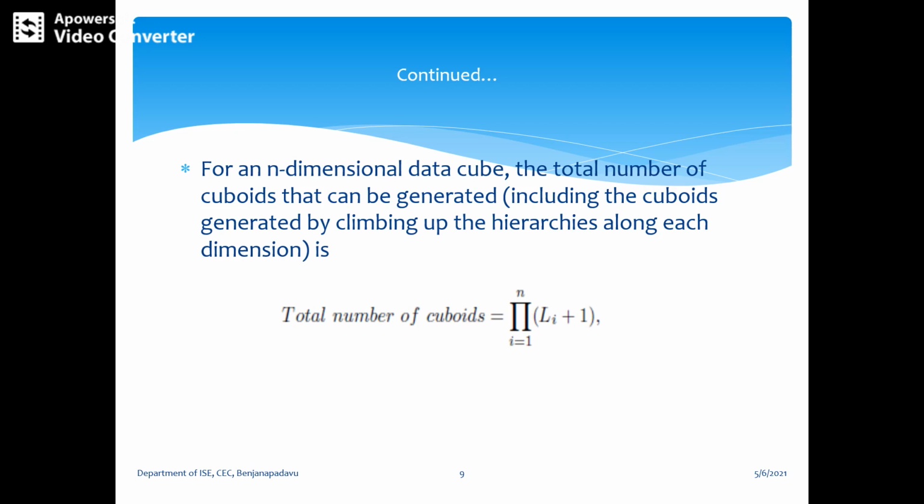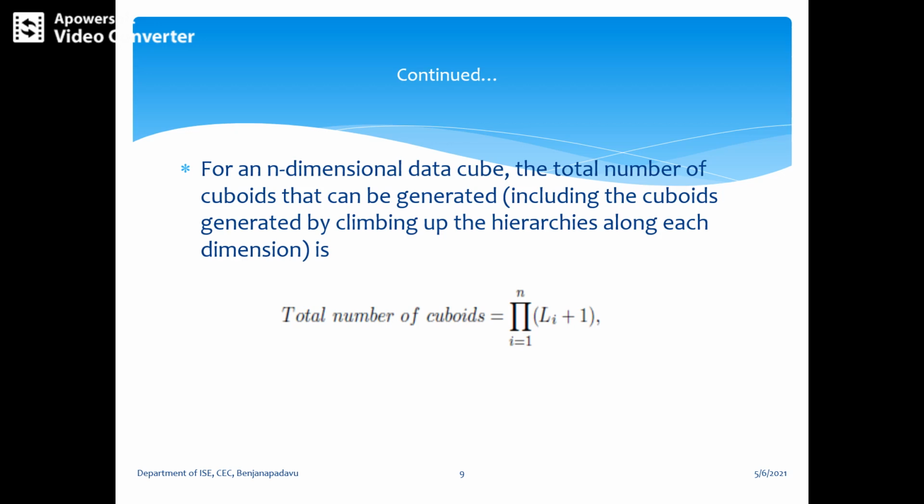The question is, how many cuboids are there in an n-dimensional data cube? That is what we are thinking about. There is a concept, multidimensional aggregates and the degree of pre-computation, which we can call hierarchies, with multiple levels. This type of problem is referred to as the curse of dimensionality.